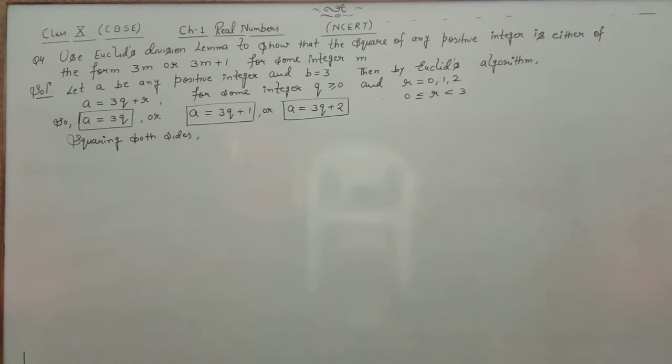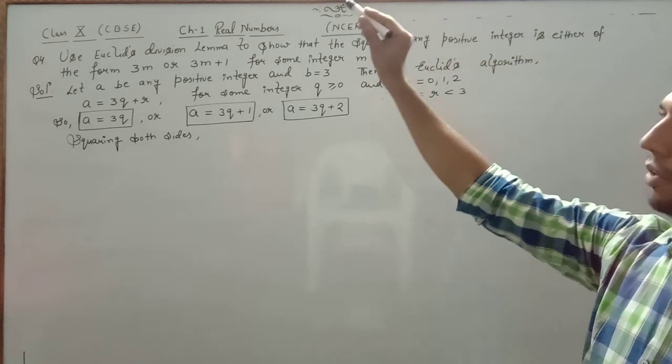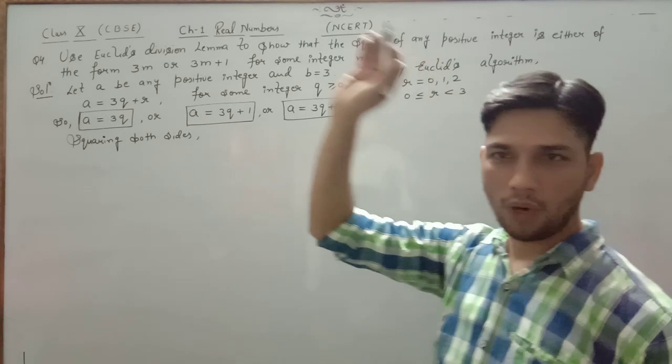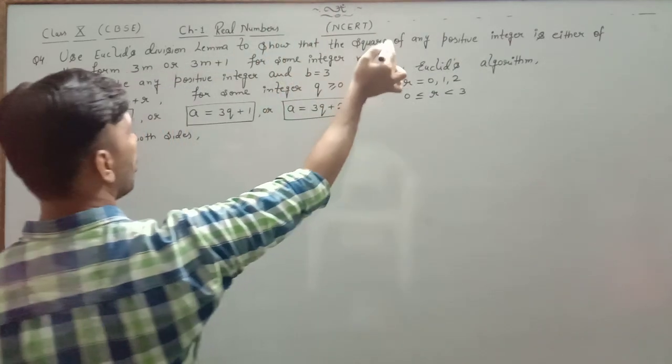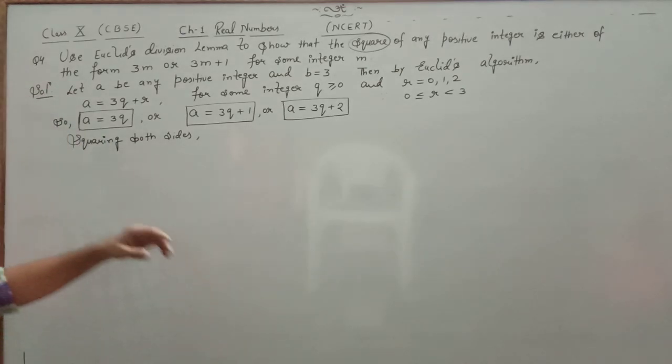Question number 4. Use Euclid's division lemma to show that the square of any positive integer is either of the form 3m or 3m plus 1 for some integer m. And one important thing here is the square of any positive integer.